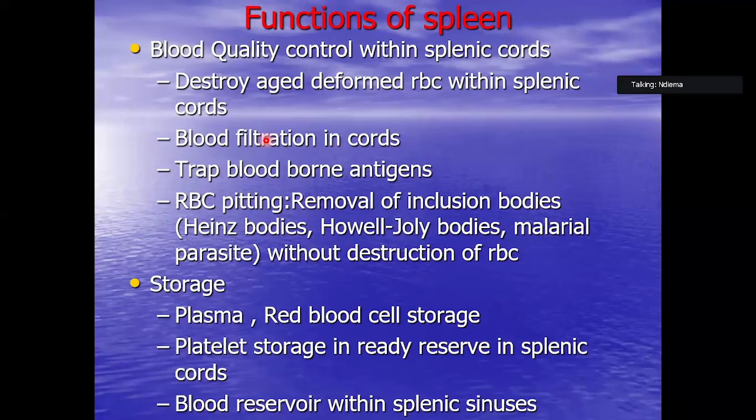We also have storage of plasma and red blood cells. This occurs within the splenic sinuses, where we have a lot of blood storage, and that acts as a blood reservoir, so that when the blood is needed, for example after excessive bleeding, this blood can be squeezed back into circulation.